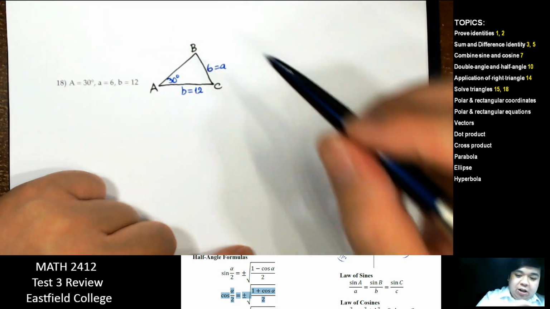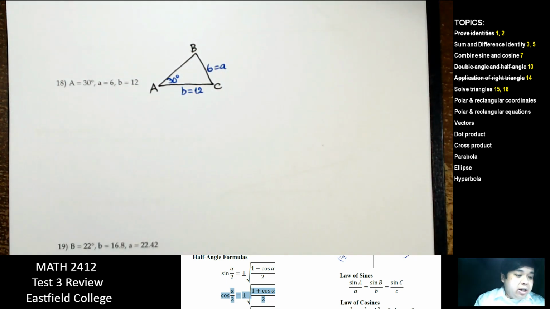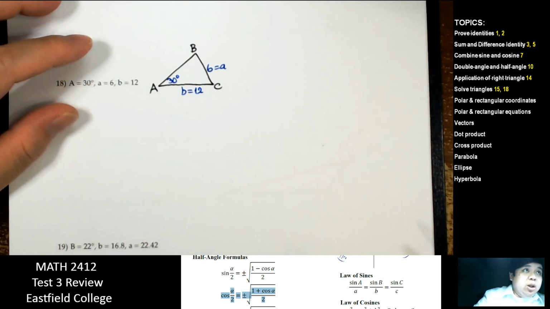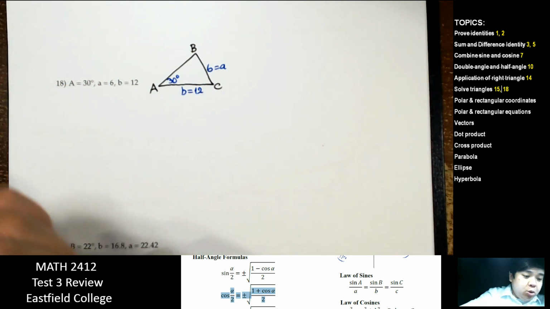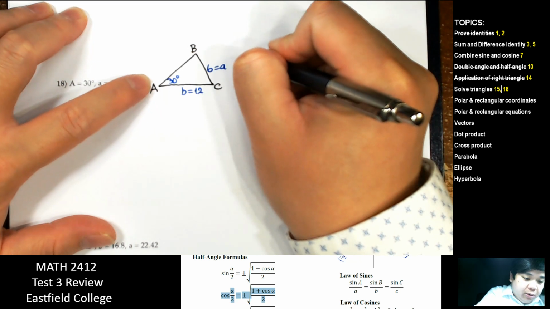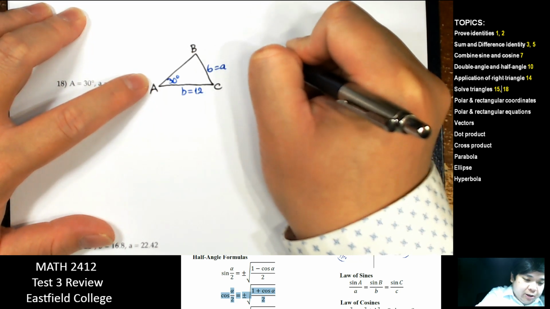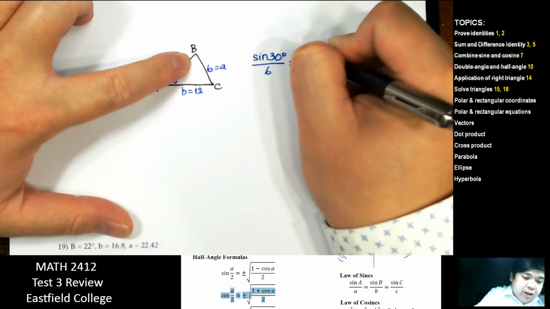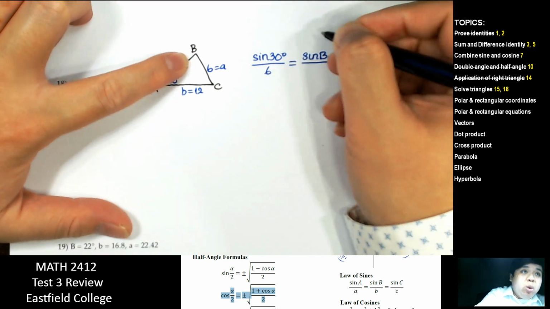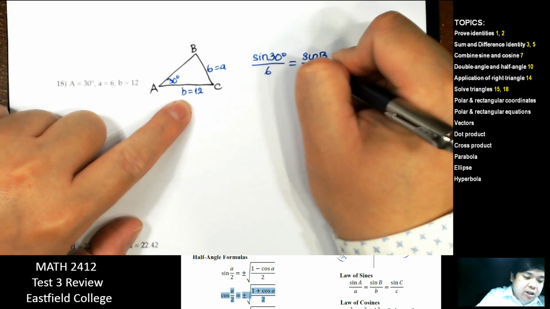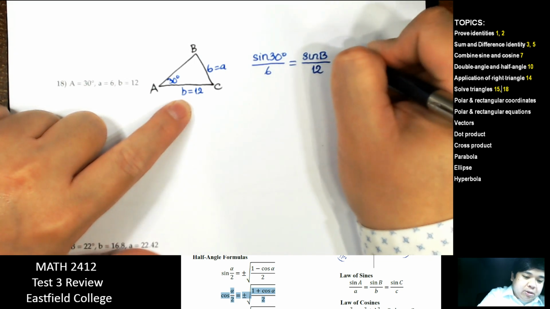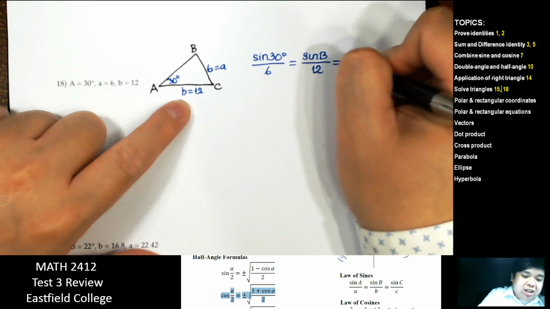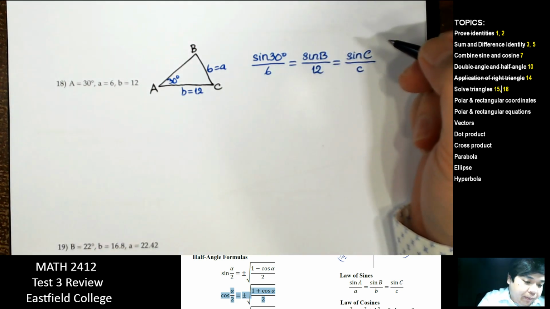So this is the ambiguous case where we have opposite side and angle. So that is the law of sines, the only thing we can do. So we write out sine of 30 degrees over 6 equals sine of angle B, which we don't know. We do know side b. And we have sine of C, don't know, and over side c, we also don't know that.